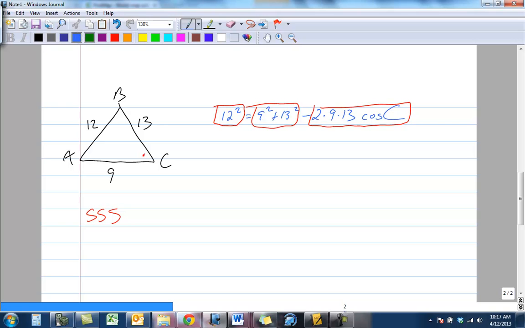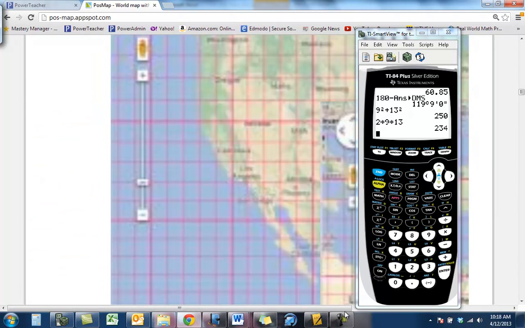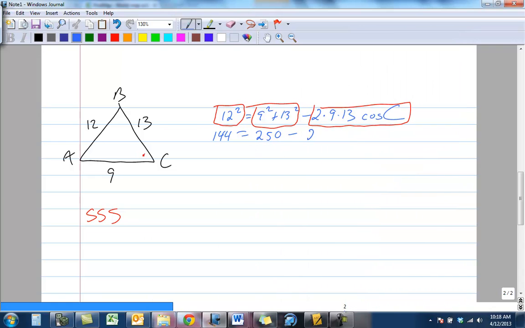So what we got here is 144 equals 9 squared plus 13 squared. What is that? 250. So we got 250 minus 2 times 9 times 13. 234. Oops, my bad. 234 cosine of angle C. All right, so now we got to get angle C by itself.